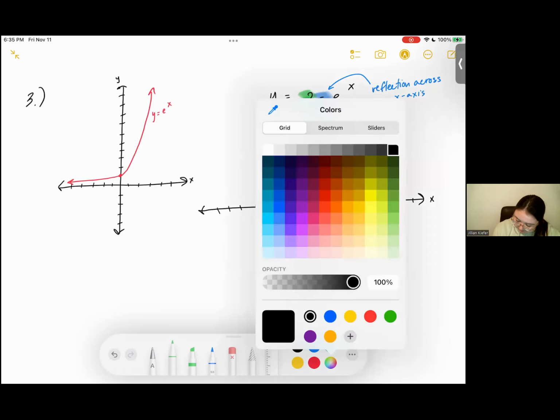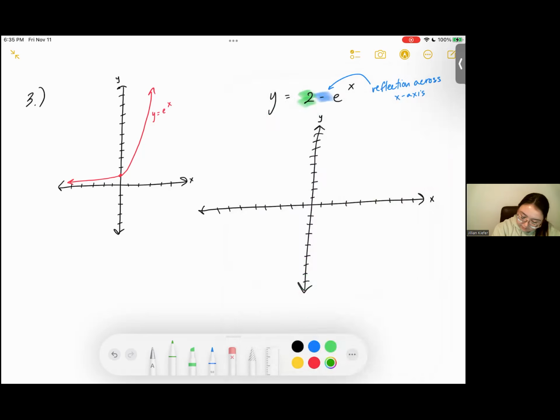Then we also have this 2 out front here. And the 2 out front is going to indicate to us that we have a shift. So since the 2 is being added or subtracted in this case, it's really being added to negative e to the power of x. If we rearrange this, it would say negative e to the power of x plus 2.